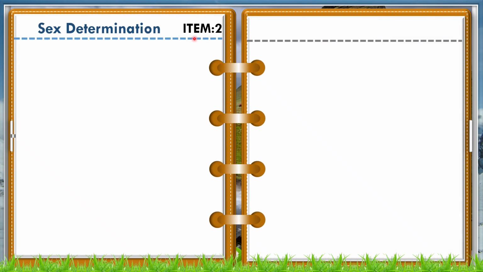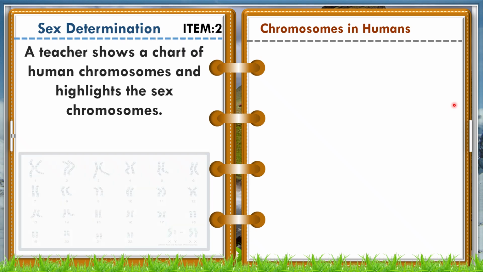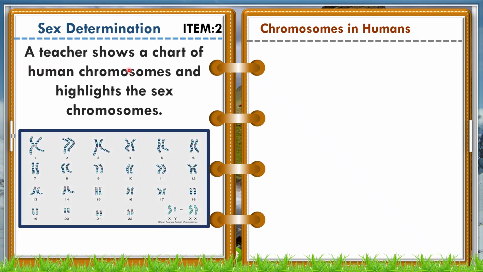Item 2, still on sex determination. We are now looking at chromosomes in humans. A teacher shows a chart of human chromosomes and highlights the sex chromosomes.